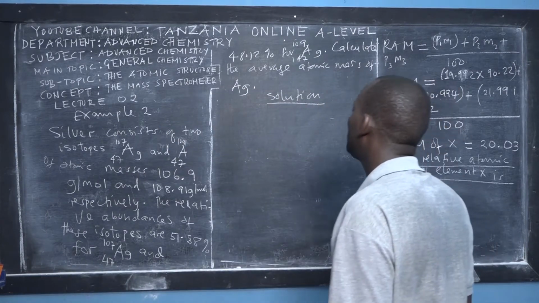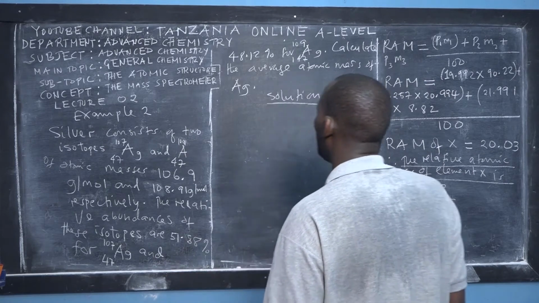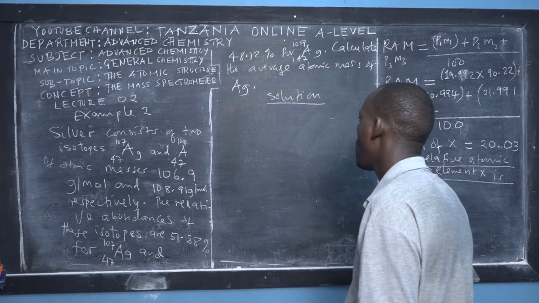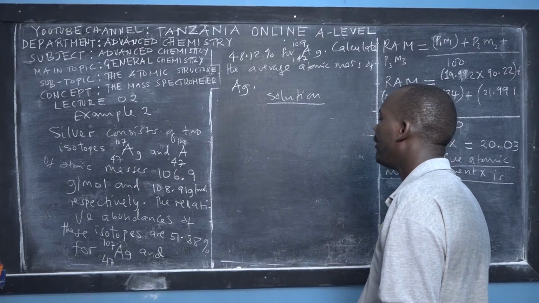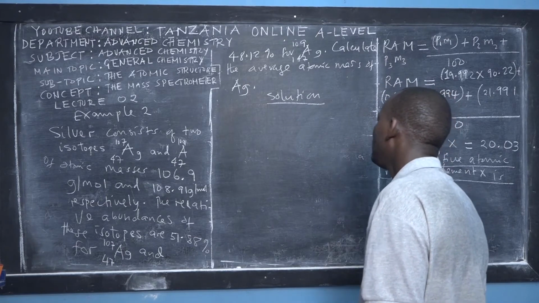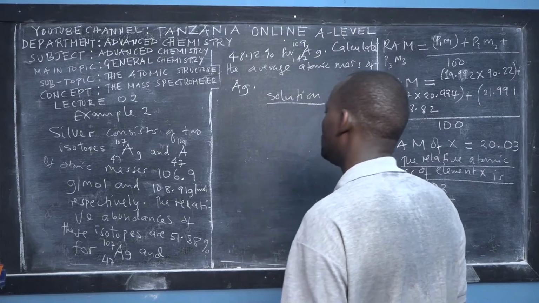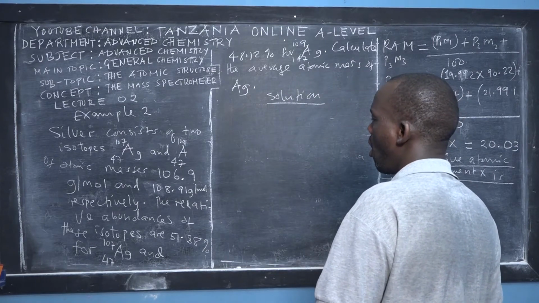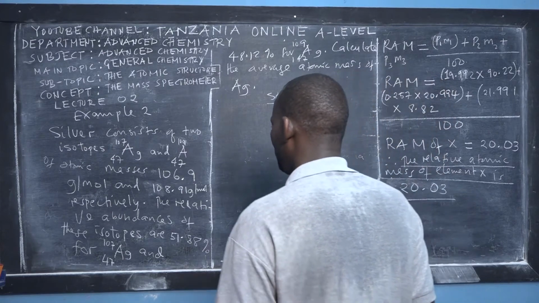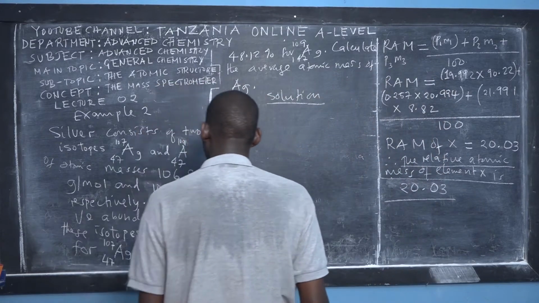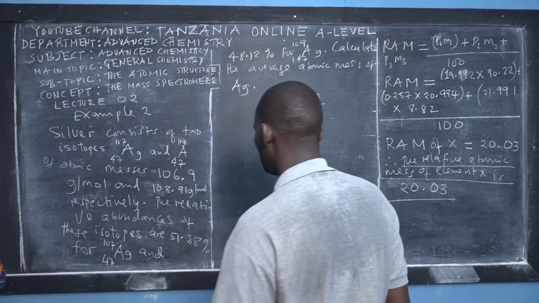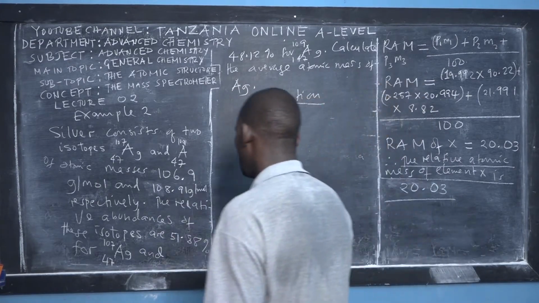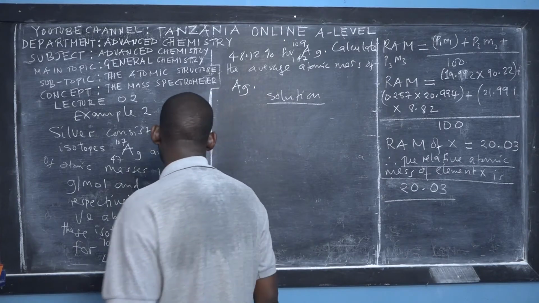So again, that's the main focus that we should have in this topic. So, solution: we are given atomic masses in gram per mole, and we are given their percentage intensities.